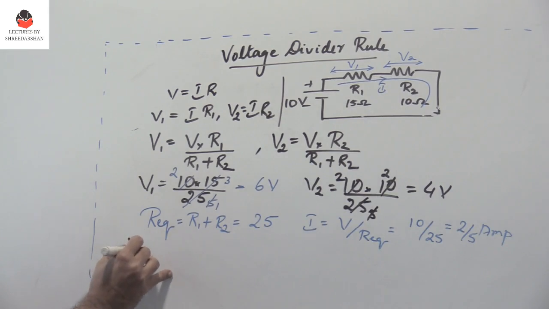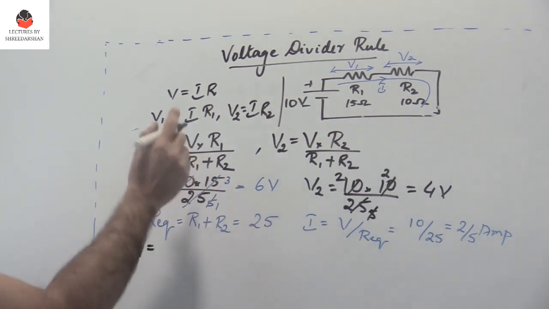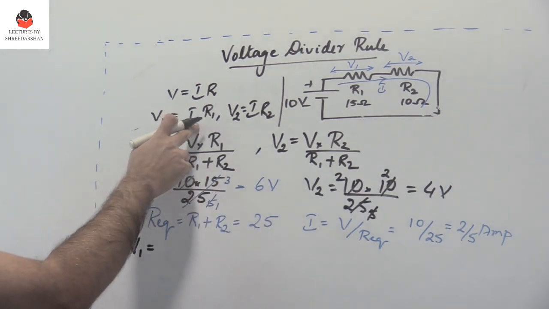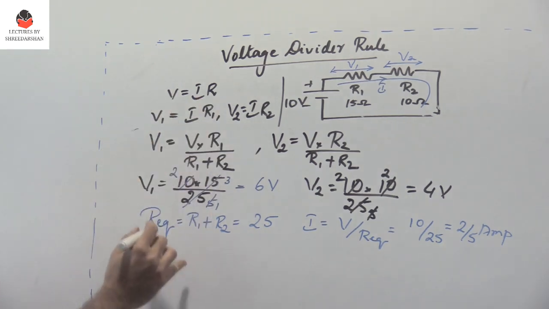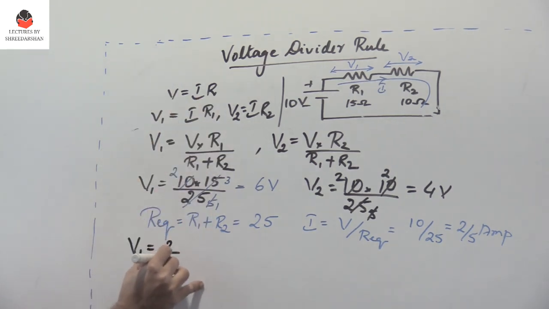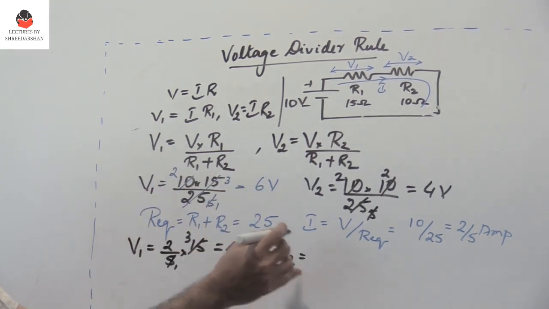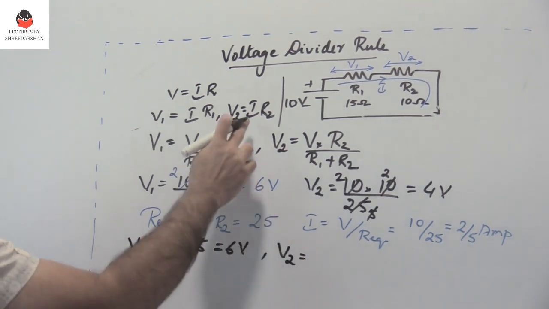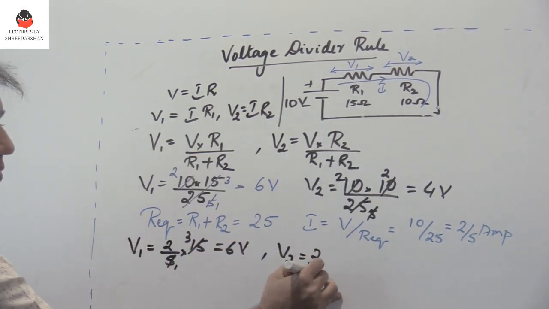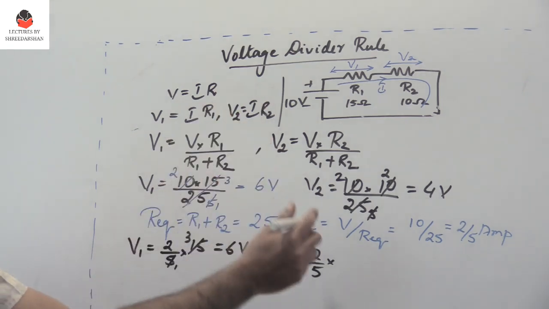So how do we find V1? By using this formula, we'll find the value of V1 and V2. The total current 2 by 5 into R1, which is 15. So 5 1s are 5, 5 3s are 15, 2 into 3 is 6. So we've got the same voltage. Similarly, what is V2? V2 is current I into the resistance R2.